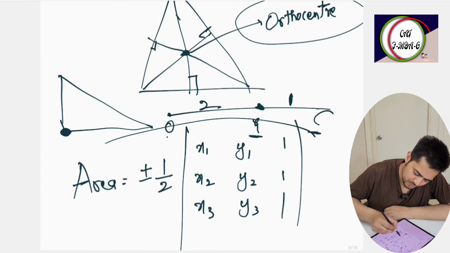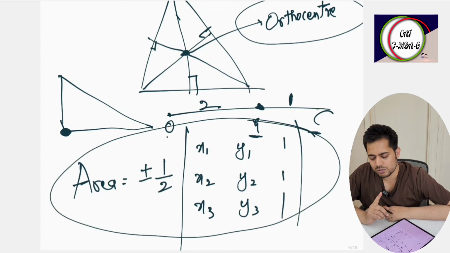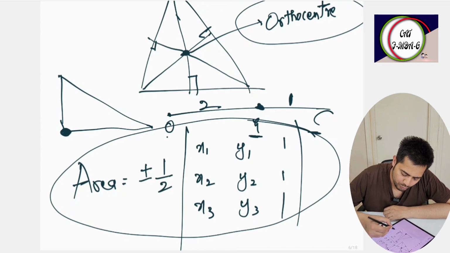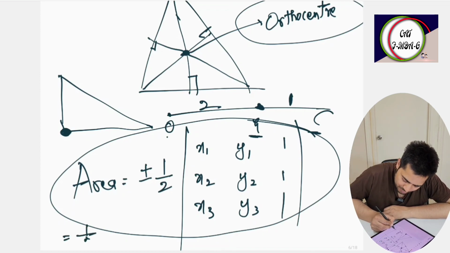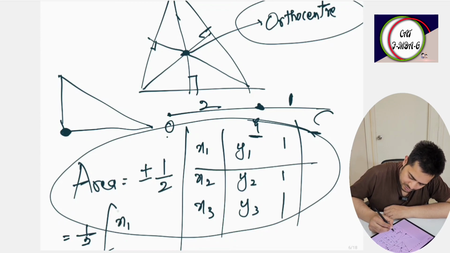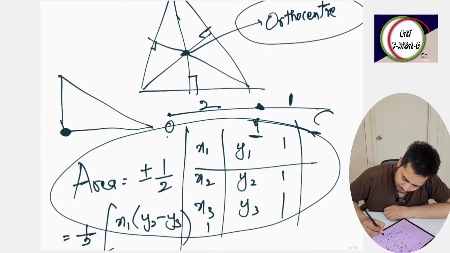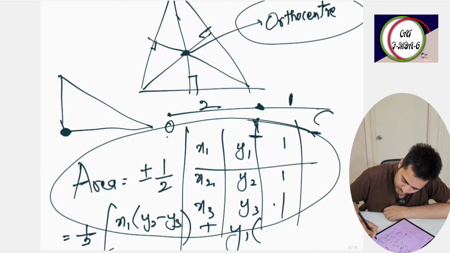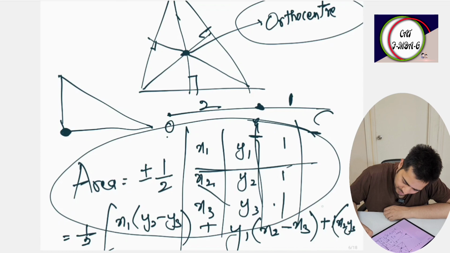Okay, this is the determinant formula. I think you must know determinants. It can be calculated as half, then x1 into (y2 minus y3), plus y1 into (x2 minus x3), plus 1 into (x2 y3 minus x3 y2), like this.